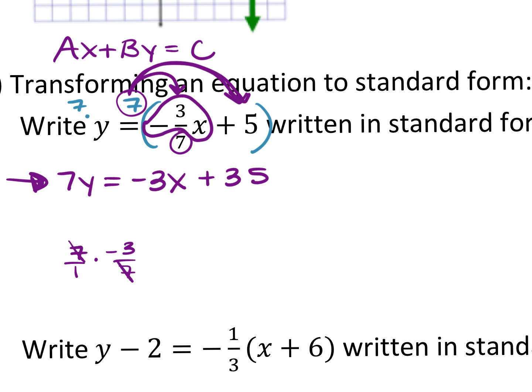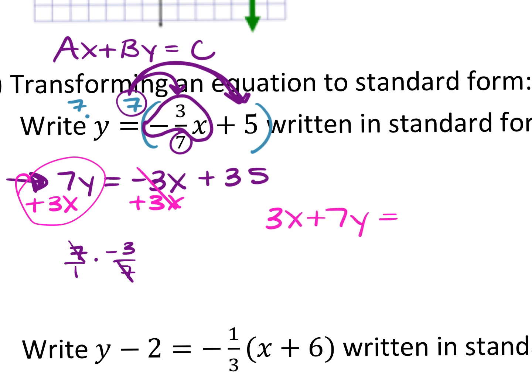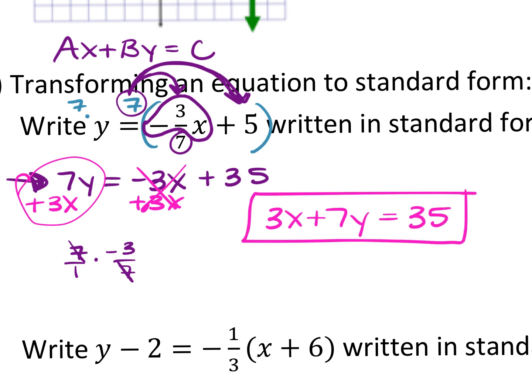I would add the 3x, right? Move the x over to the left by adding it. So plus 3x and plus 3x. So what you're left with on the left is 3x plus 7y. This is 0. What you're left with on the right is 35. That is standard form.